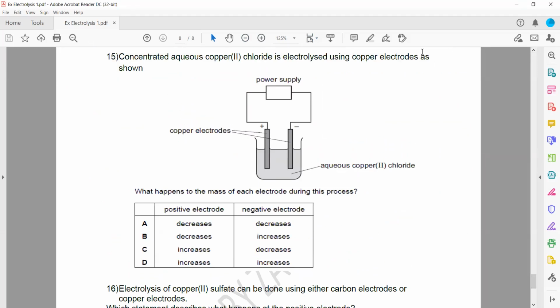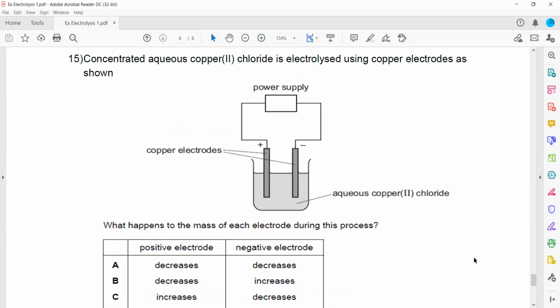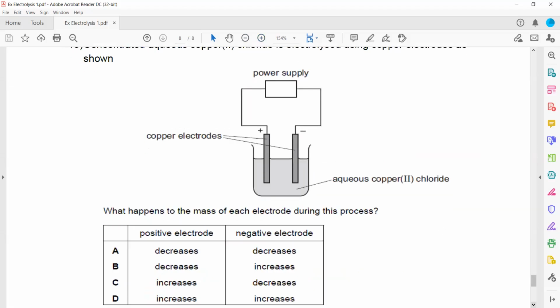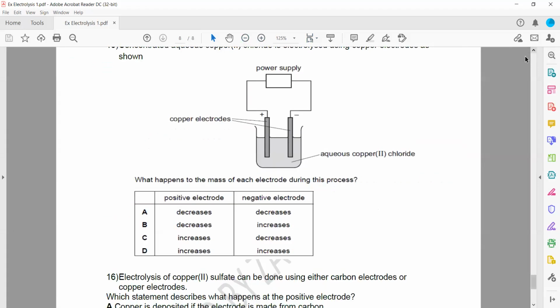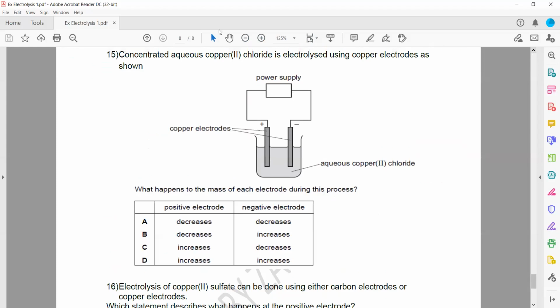We have concentrated copper chloride solution. The term concentrated means more salt is there. So in the solution we have copper ions, chloride ions, hydrogen ions, and hydroxide ions.